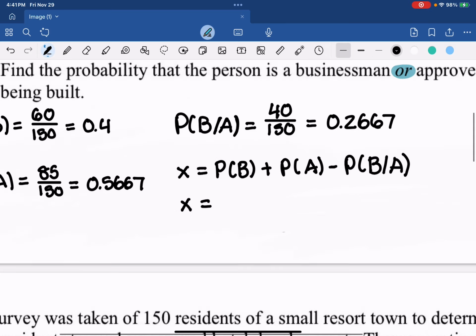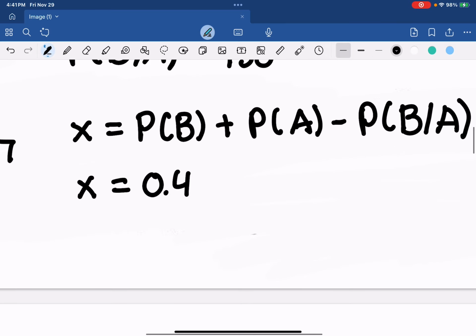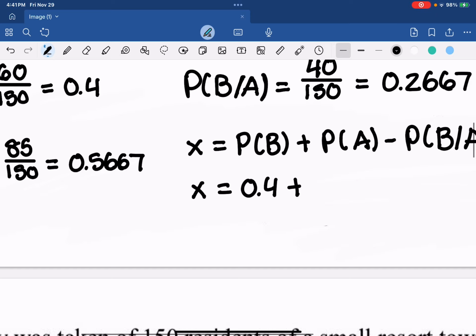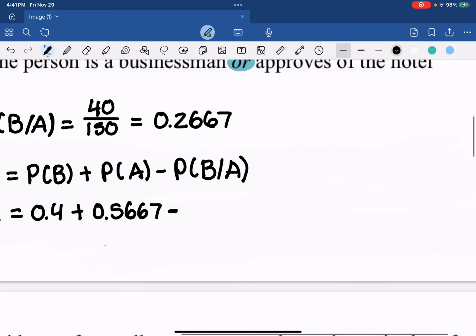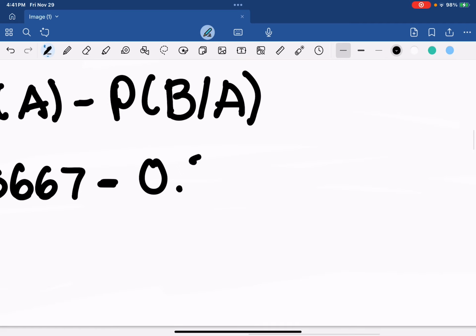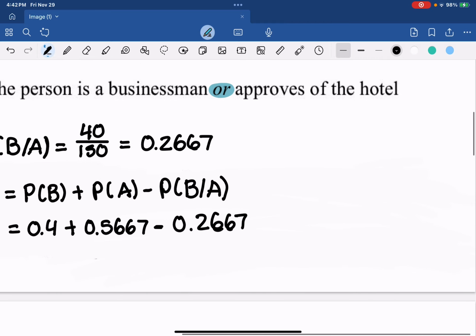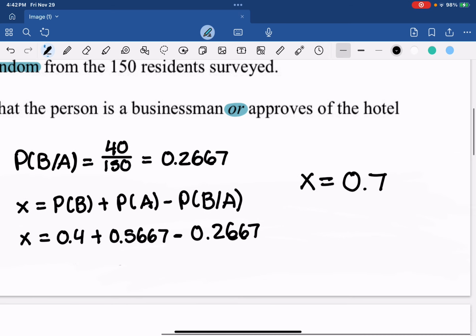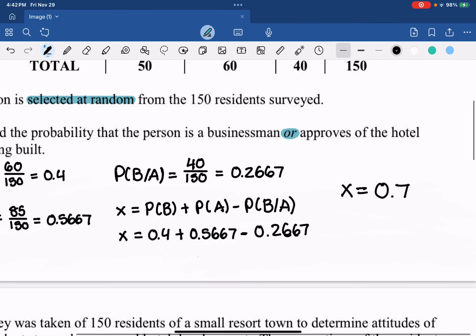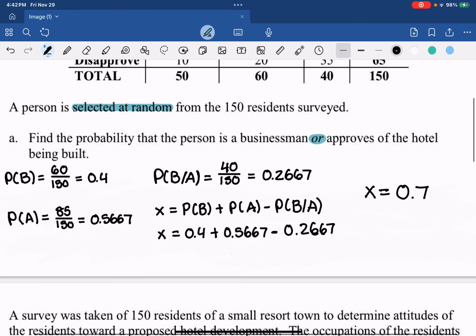P(B) is 0.4 plus 0.5667 minus, remember, because we're not including that one, 0.2667. And that will come out to be 0.7. So that's our answer. That's the probability that the person is a businessman or approves the hotel being built. It's either or.